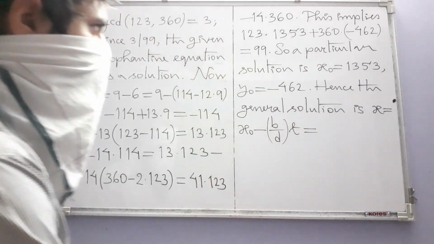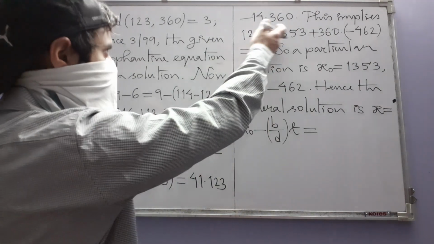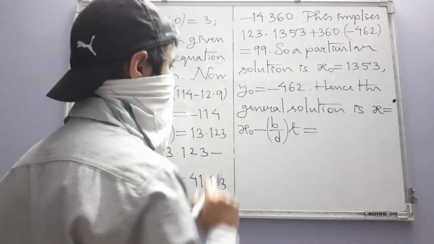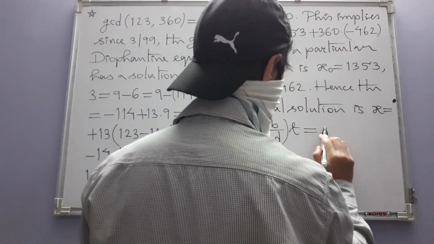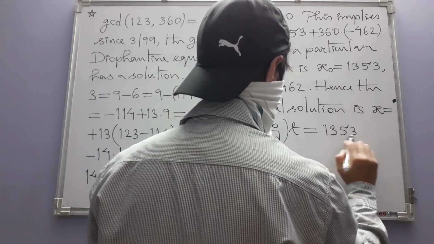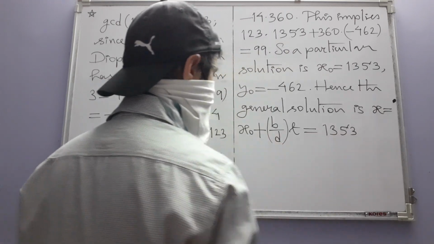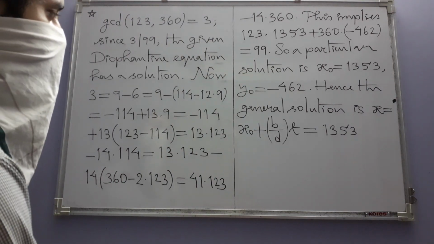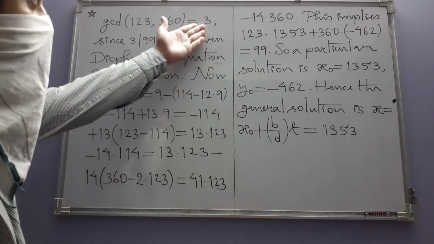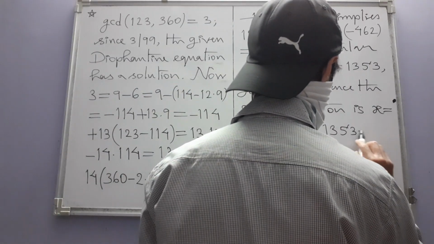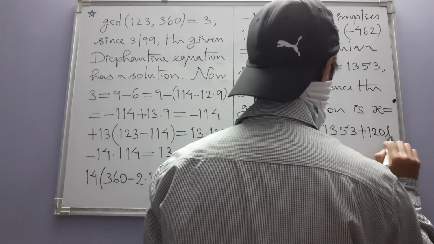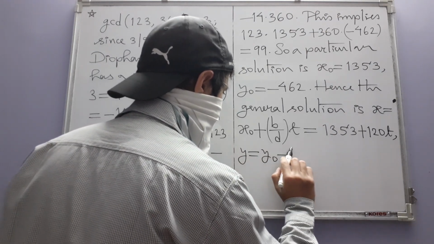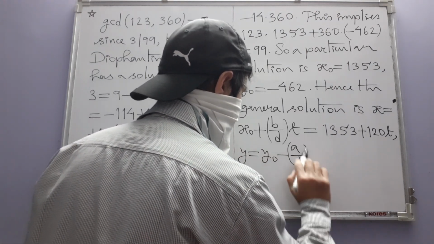You can see the equation here itself: 123x plus 360y equal to 99. So our x naught is 1353. This is plus b divided by d, which is 360 divided by what was our d? 3. So that means 120t, and y is equal to y naught minus a divided by d.